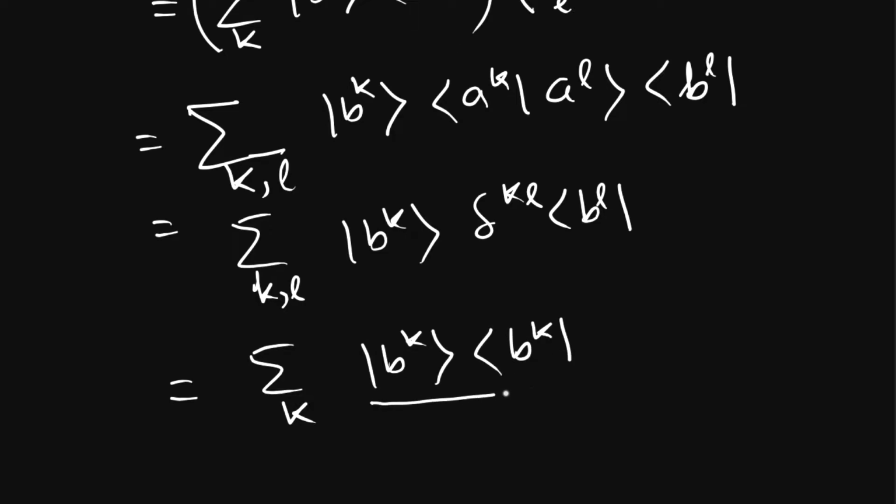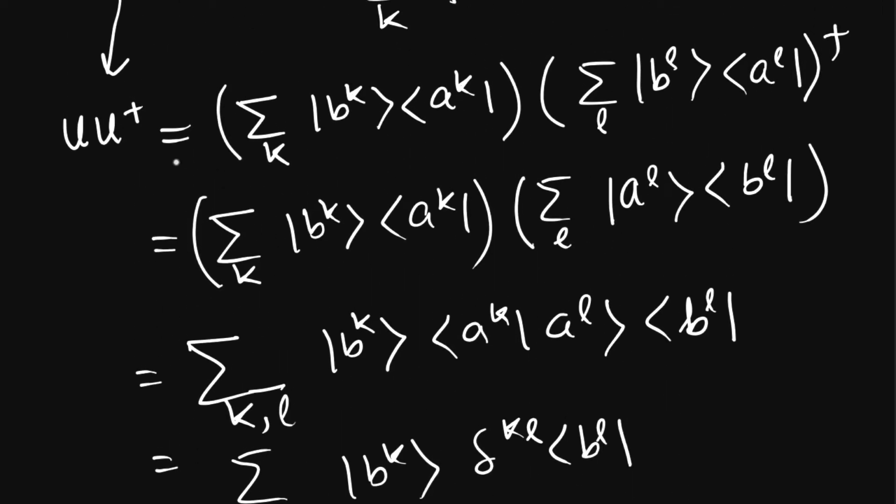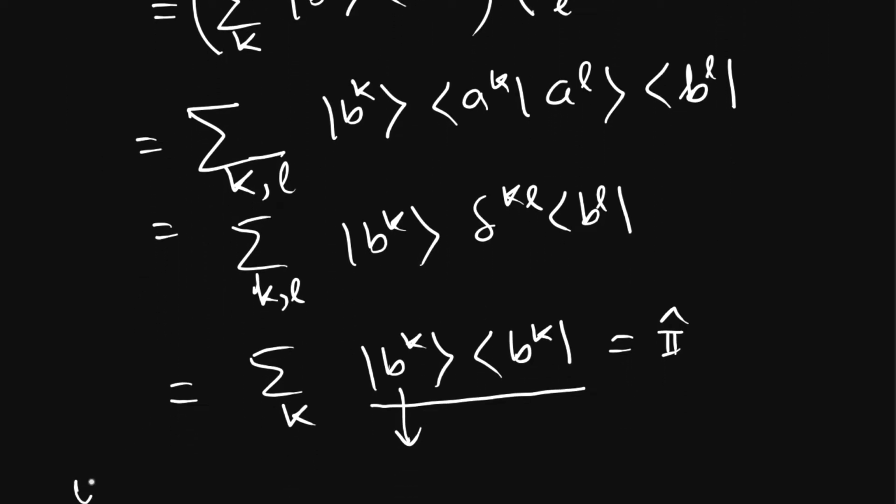Since this eigenket set is orthonormal and follows the completeness relation, this equals the identity operator. Similarly, we can prove that U U dagger equals identity. That means U is a unitary operator.